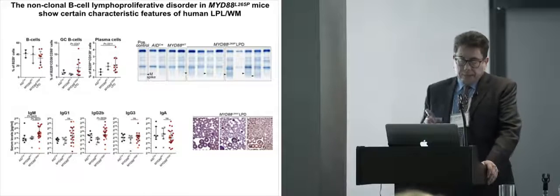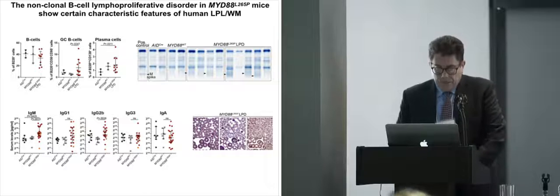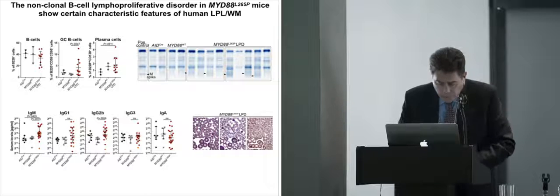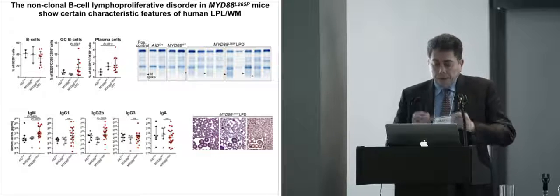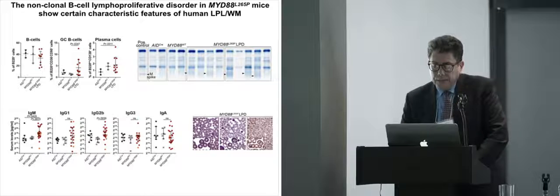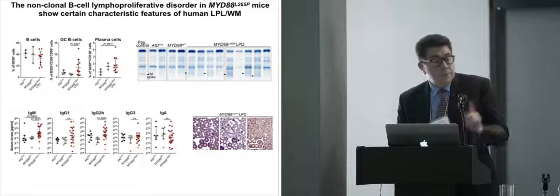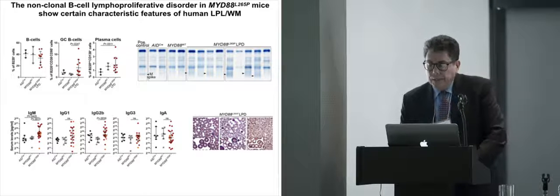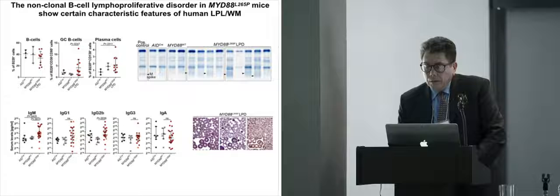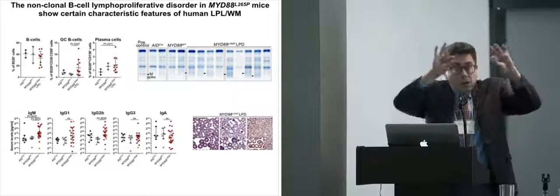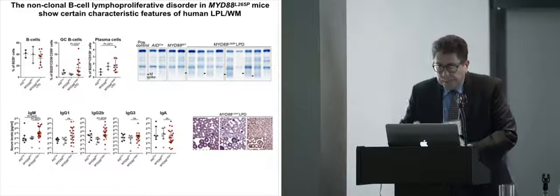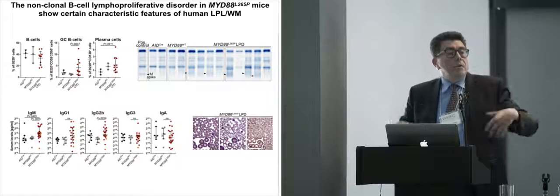This LPL was also characterized by flow cytometry, and we observed again an increase in plasma cells and in germinal center B cells. Most remarkable is that those animals with the mutant but not the wild-type transgene develop what we could call a spike, but it's not a narrow band of immunoglobulin. It's broad, indicating that it's a polyclonal process.